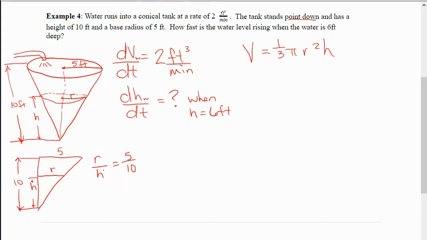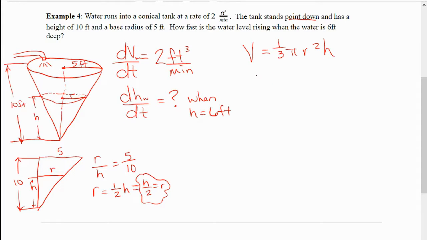All right, so this relationship is one of the relationships that I could write. We could change these variables around and still end up with the same relationship. But we need to write ourselves an equation for r. So we're going to solve for r, multiply by h. So we end up with r is equal to 1/2 h, or just h divided by 2. Okay, so this is the expression that I'm going to use for r.